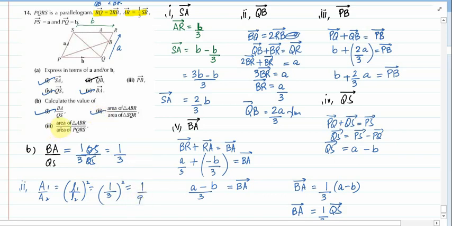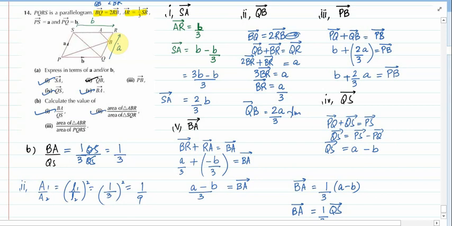For the next part, area of ABR and area of PQRS. Now in the second part, we have the area of ABR and SQR, right?